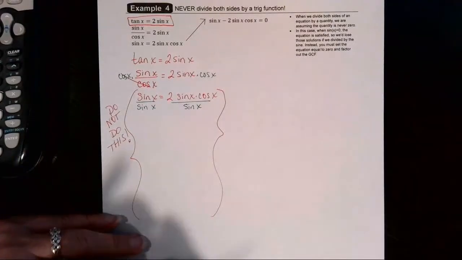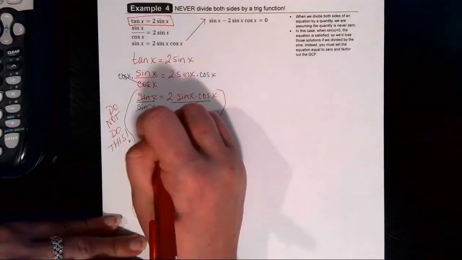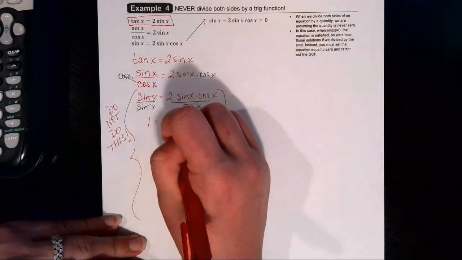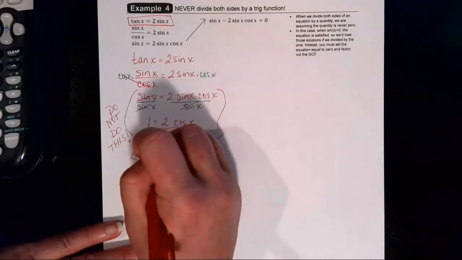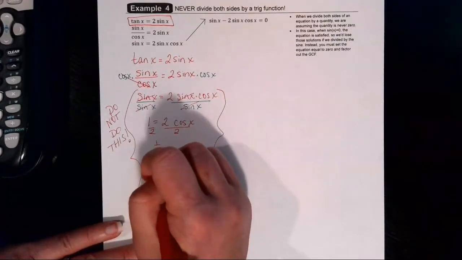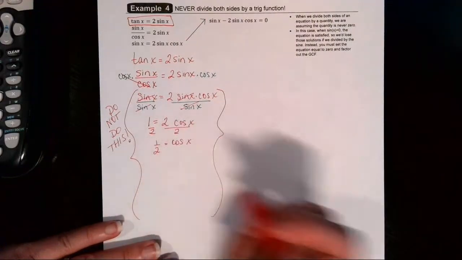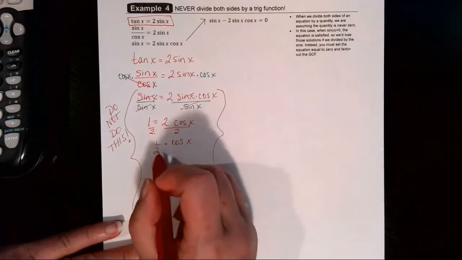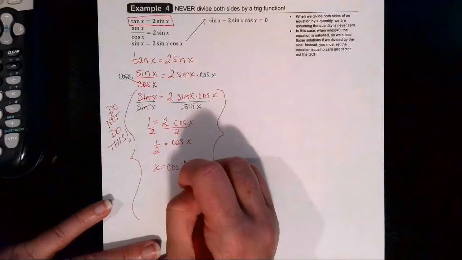They try to divide out that sine of x from both sides, and they end up with 2 cosine of x on one side and 1 on the other side, and then they divide both sides by 2, and they have 1/2 is equal to the cosine of x. And to get the x by itself, they do an inverse of both sides, and so x would be the arc cosine, or cosine inverse, of positive 1/2.